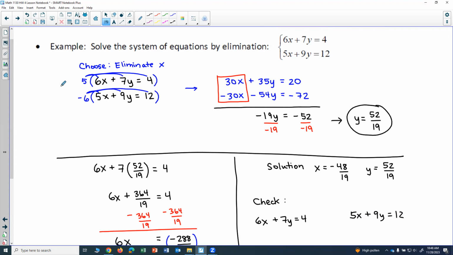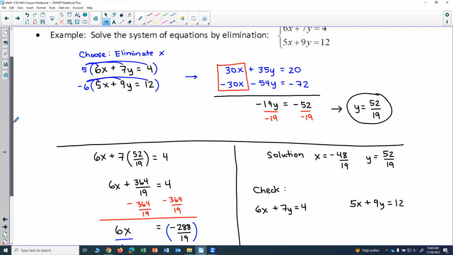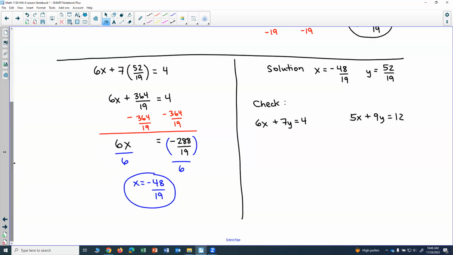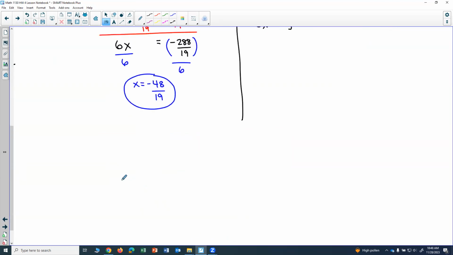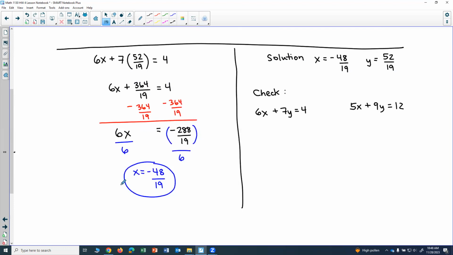Okay, so I've got my two equations. All right, so what I want to do is plug those x and y values in. So over here, I'll have 6 times negative 48/19 plus 7 times 52/19 equals 4.